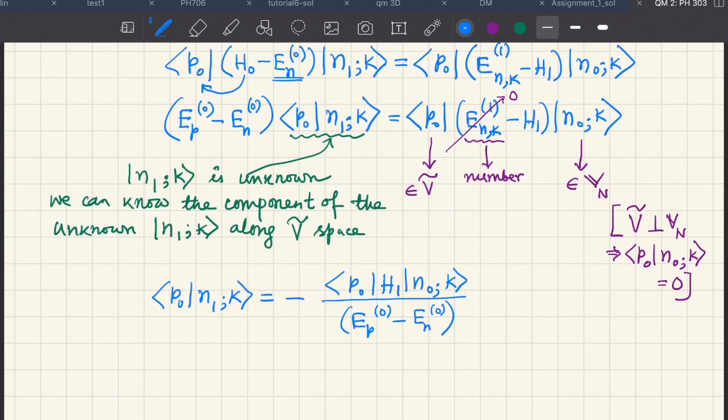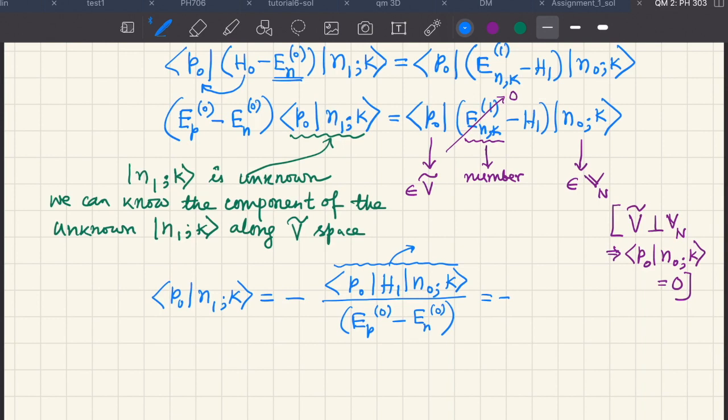And we can also write it in a short form. That means this object is nothing but the matrix element of the perturbation matrix within the degenerates, or between a degenerate state in Vn and the other state which is outside of Vn, that is in V tilde.